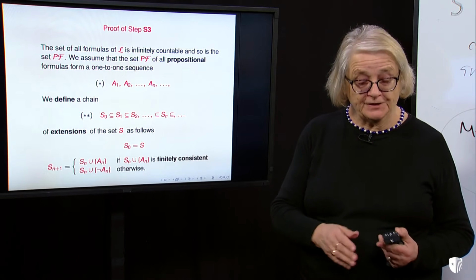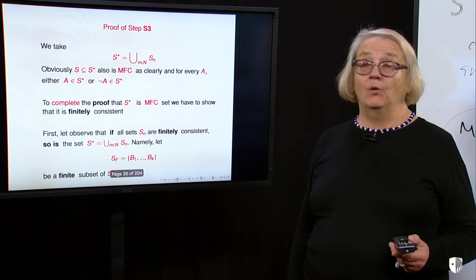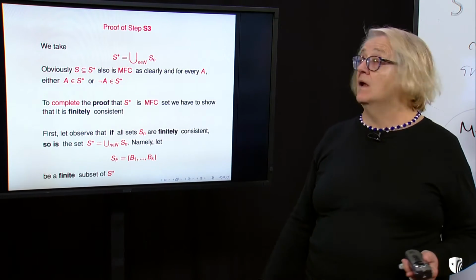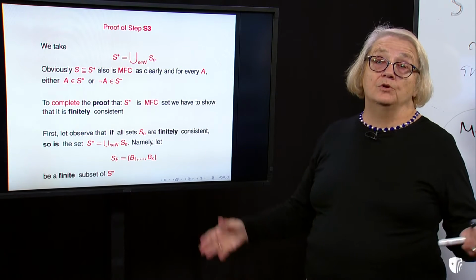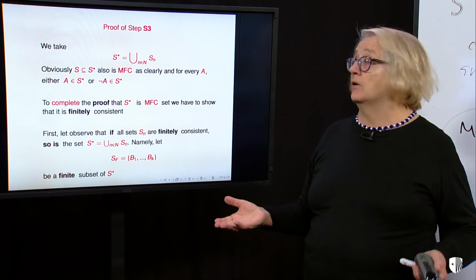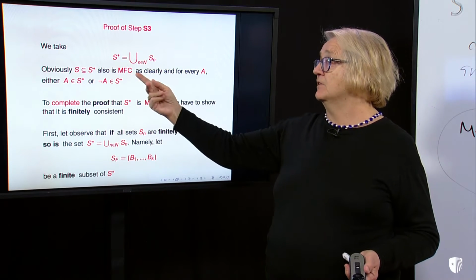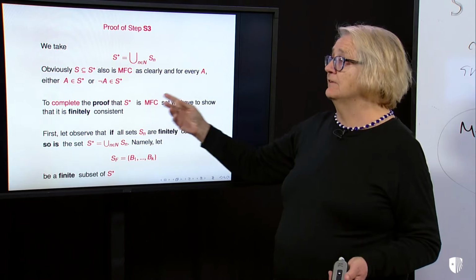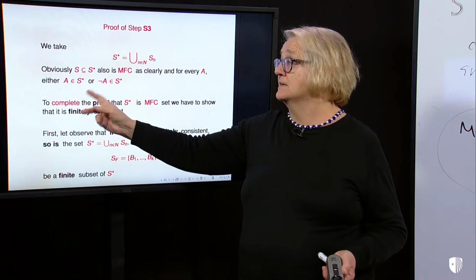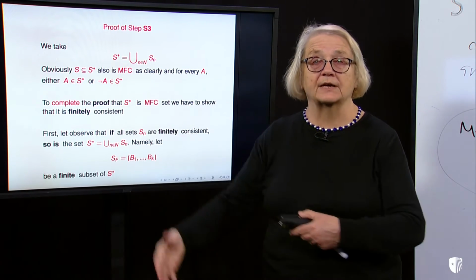Exactly the same definition as we did before. And again, S star is the union of all those sets, and obviously it is maximal, because every formula or its negation is in S star by the construction.